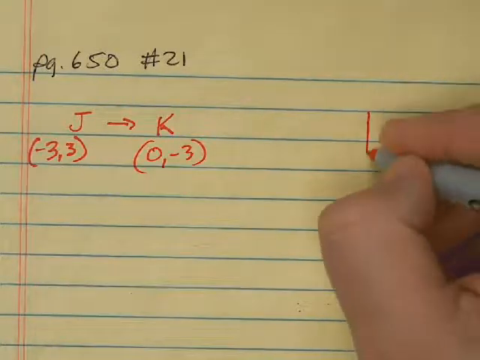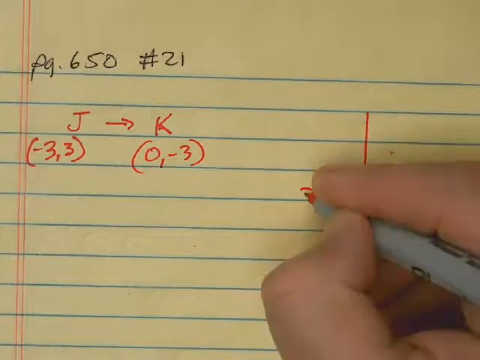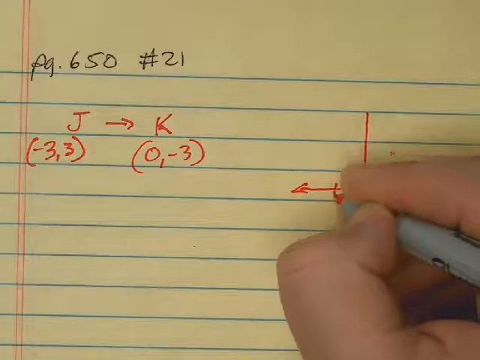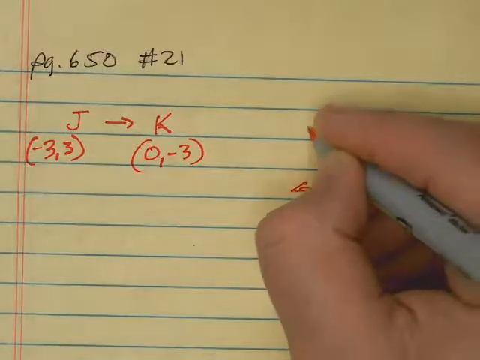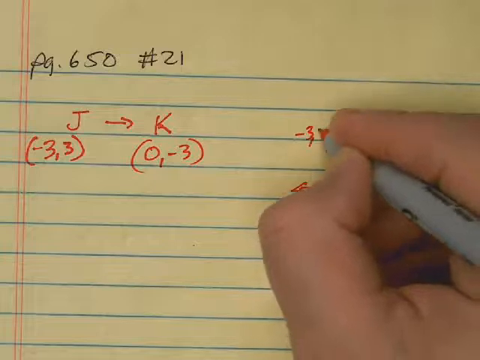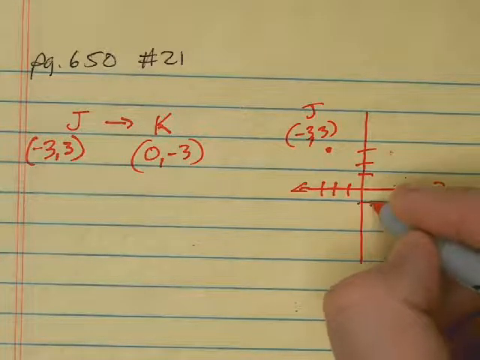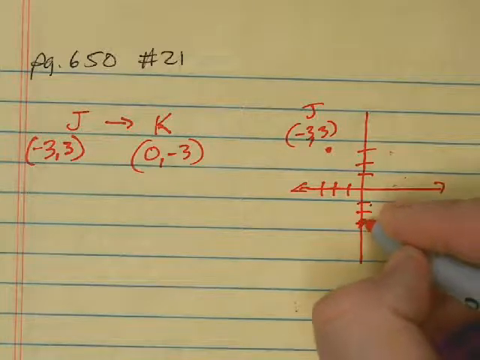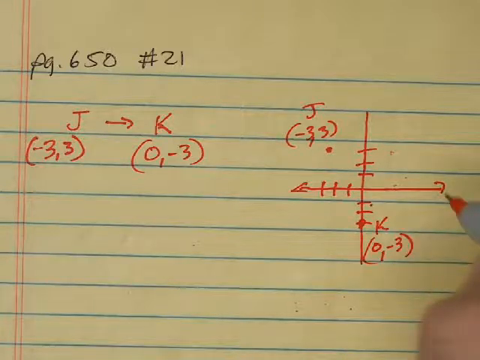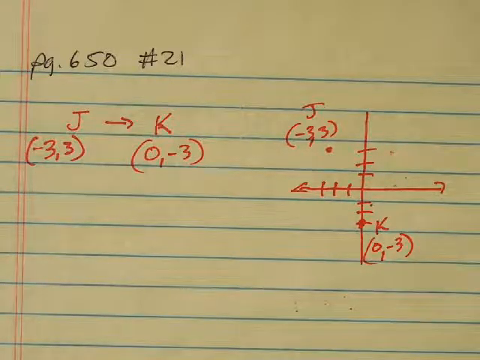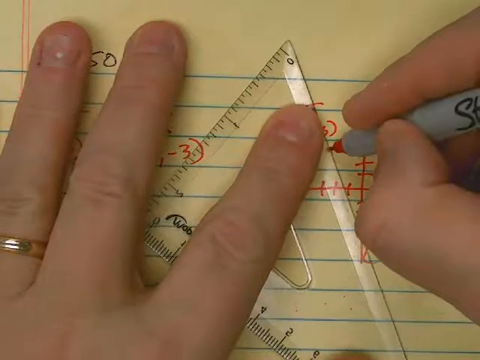All right, so let me catch up with a graph real quick. So there's J, negative 3, 3. And there's K, 0, negative 3. You already have this, right, in your picture, in your book?